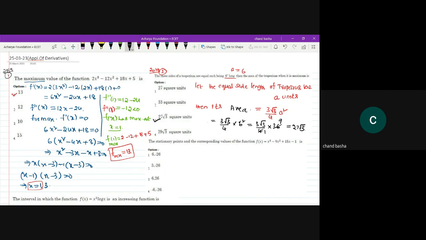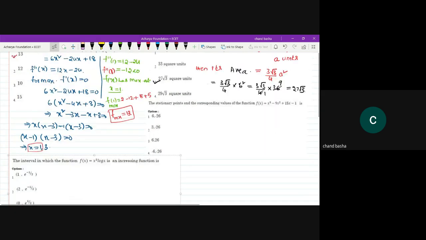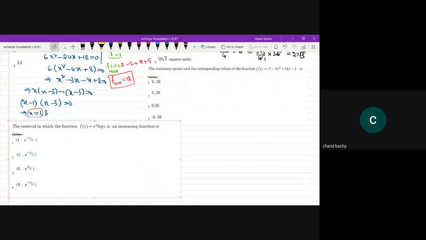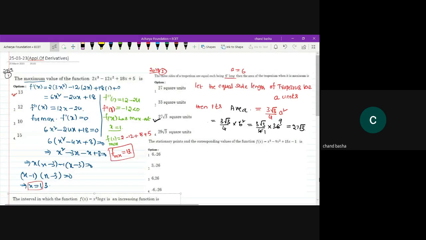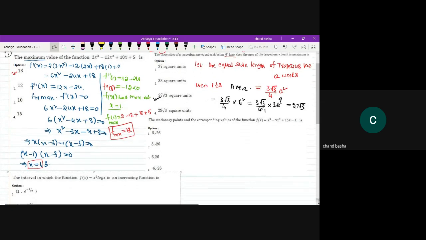Option 3. You have to remember that formula: 3 root 3 divided by 4 a square is the surface area of the trapezium.